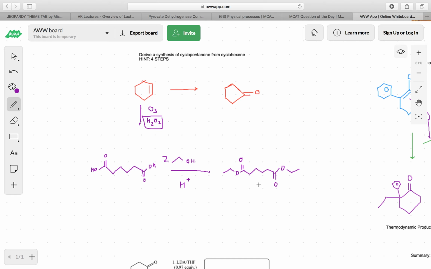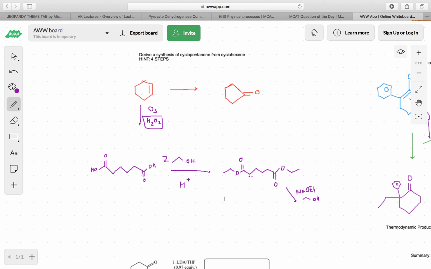So let's see, do I have enough steps to make this work? No. So let's use NaOEt, ethoxide, in ethanol. So we know that we're going to deprotonate one of the alpha carbons, so we should get something like this.